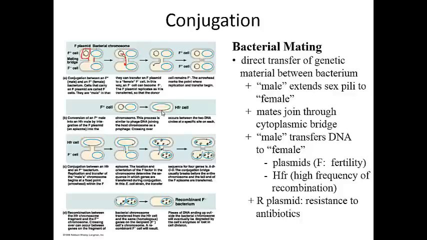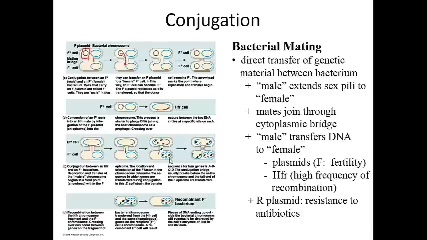Here you can see it taking place in the middle. Once that F plasmid has inserted itself into the bacteria's DNA, that bacteria then gets referred to as an HFR cell. HFR refers to a high frequency of recombination. It's called an HFR cell because it can now actively form cytoplasmic bridges with other bacteria and actively exchange genetic information.